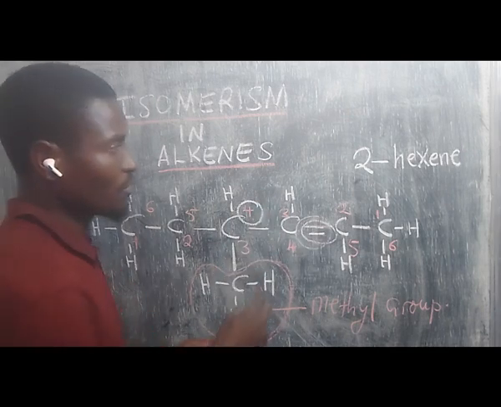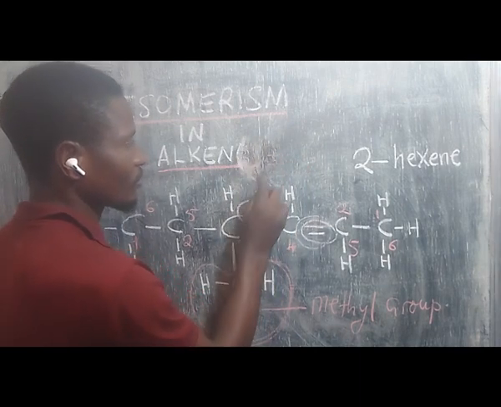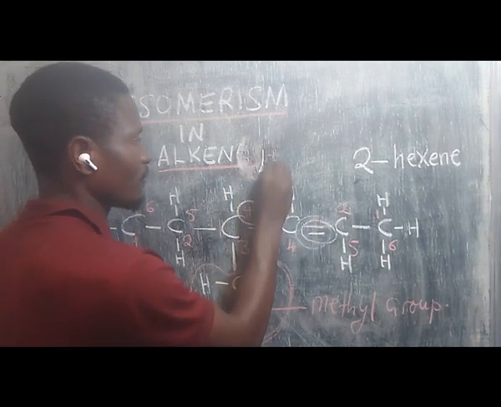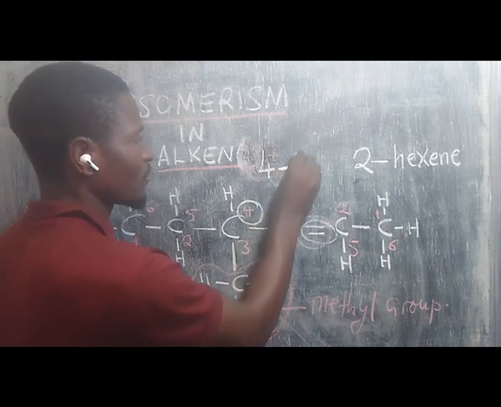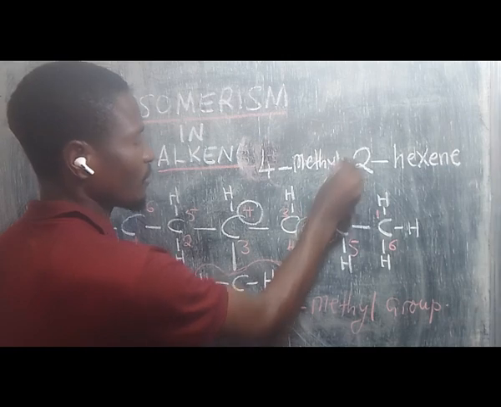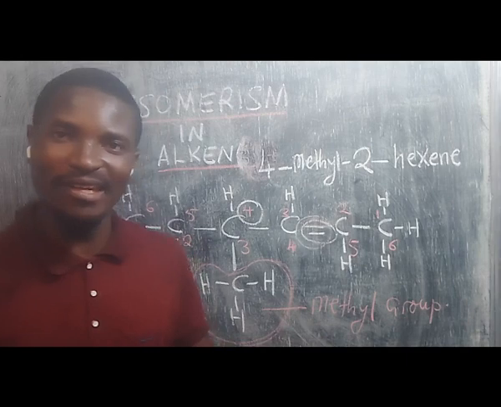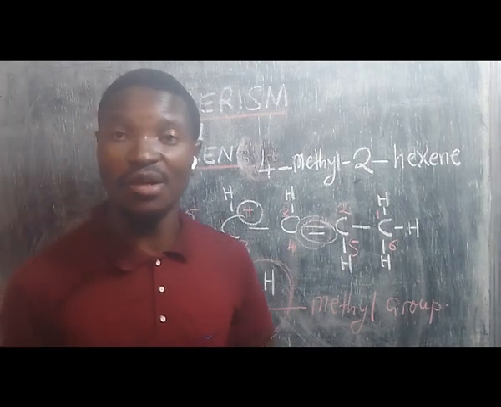So this is going to be 4-methyl. Okay, so that now gives you the name of this structural isomer.